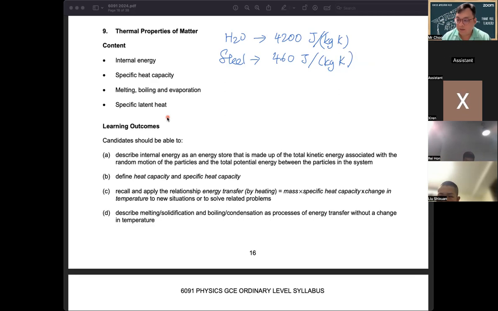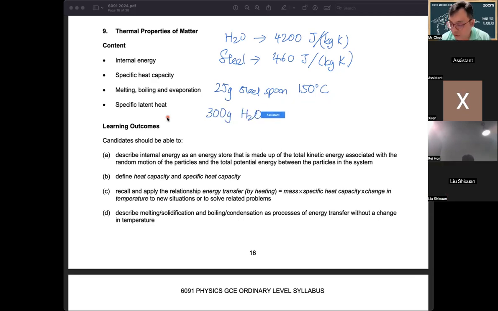So the question now is this. I have 25 gram of steel spoon heated up to 150 degrees Celsius. And I use 300 gram of tap water at 24 degrees Celsius to cool the steel spoon down. So my question now is, what is the final temperature? Can all of you complete now?